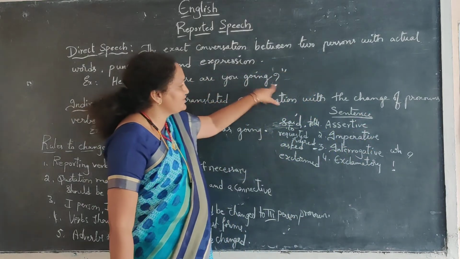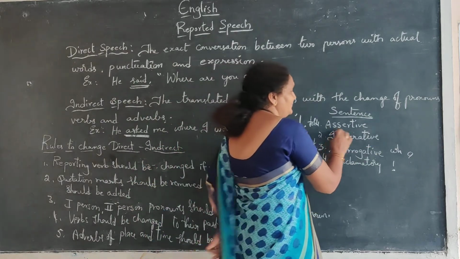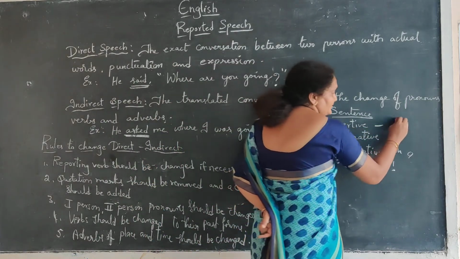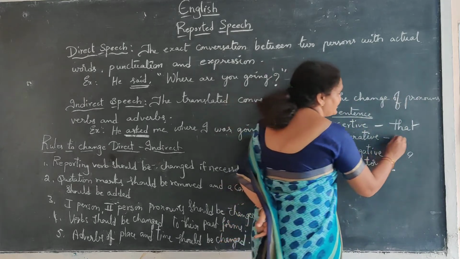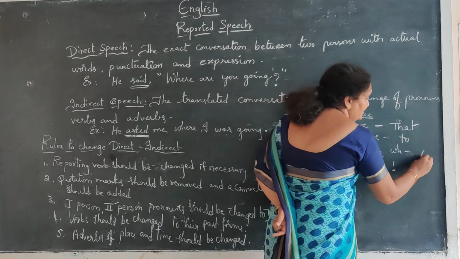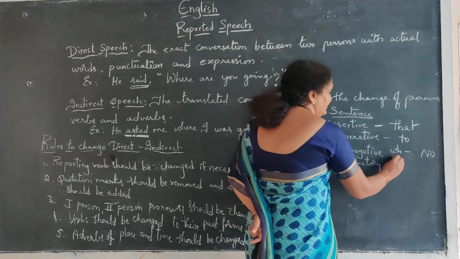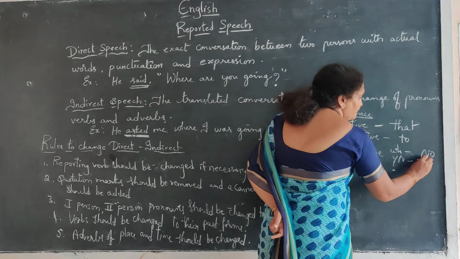What type of sentence is this? This is an interrogative, that too a WH question. In an assertive sentence we have to use that. In an imperative sentence we have to use to. When it is a WH question there is no connective. When it is a yes or no question, we have to use if or whether.